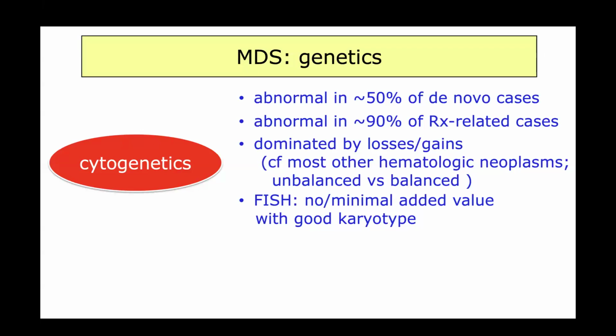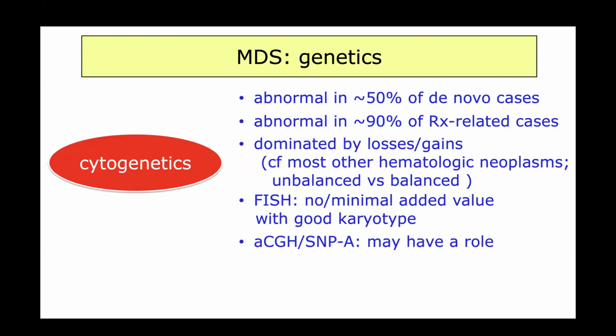If you have a good karyotype, and by a good karyotype, depending on the standards established by your laboratory, generally 20 metaphases, but some laboratories may only go down to 10 metaphases, and you don't find an abnormality, the likelihood of picking up an abnormality by FISH analysis is very, very small and is of no added value. And really, FISH should only be reserved for cases in which there is a technically inadequate karyotype. Should not be done in all cases.